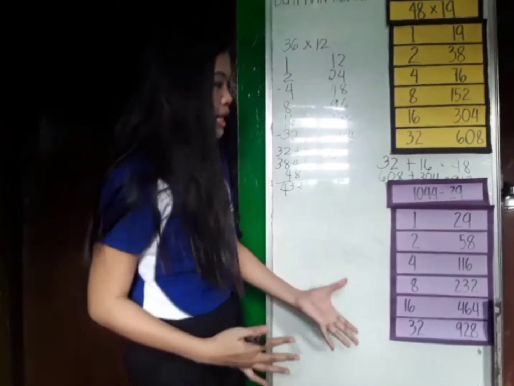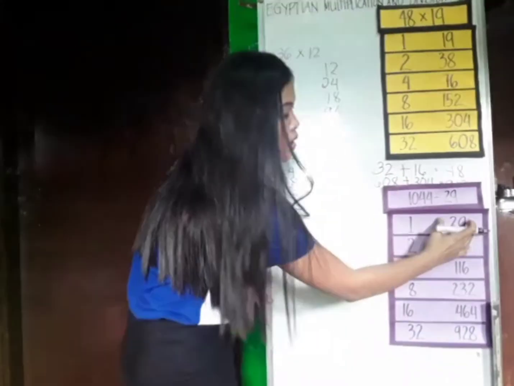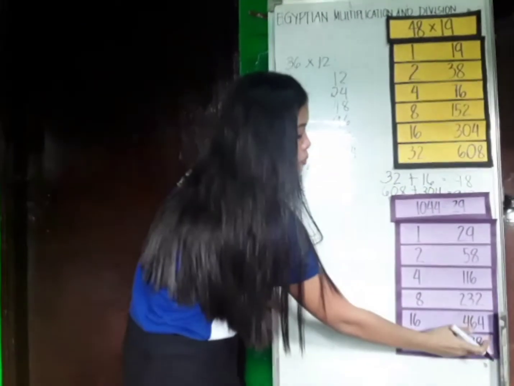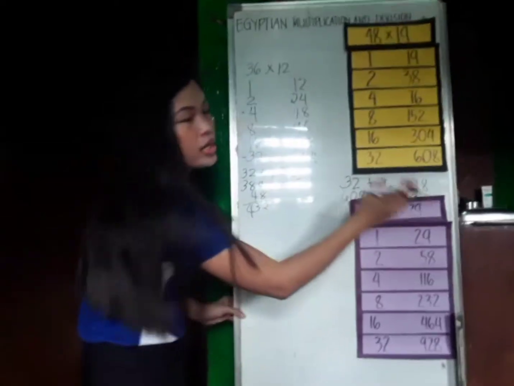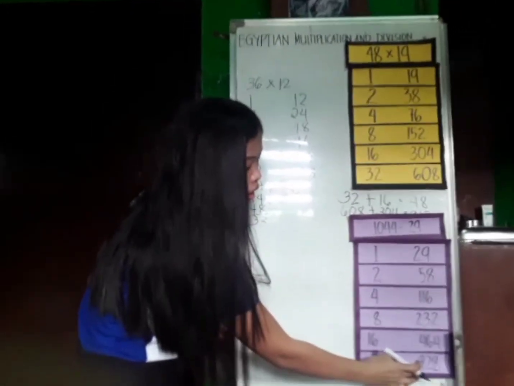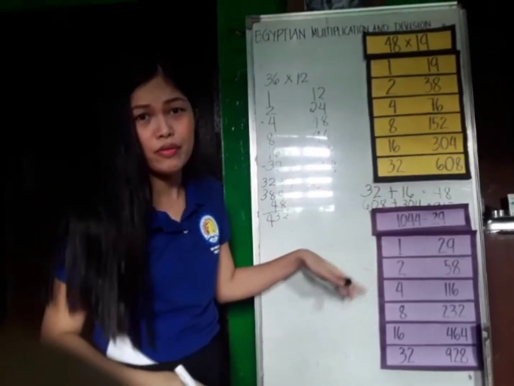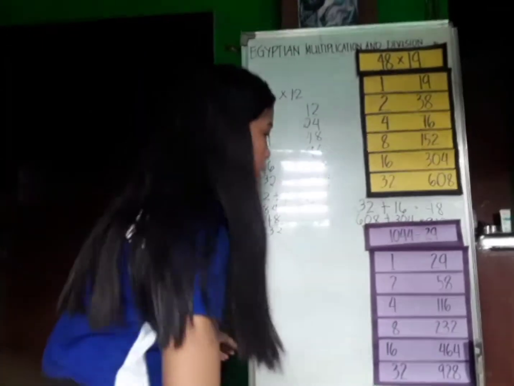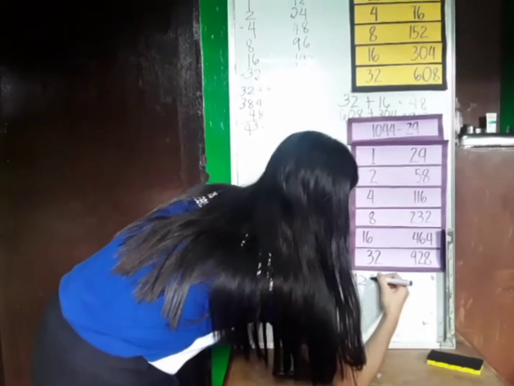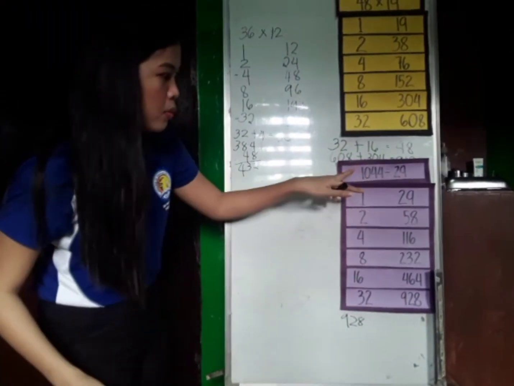So we need to stop again, because since we're talking about division, we need to look for numbers that will add up to 1044. We need to stop here because if we double 928, that will be more than 1044. Am I right? So we have 928, and we're looking for a number that will equate to 1044.